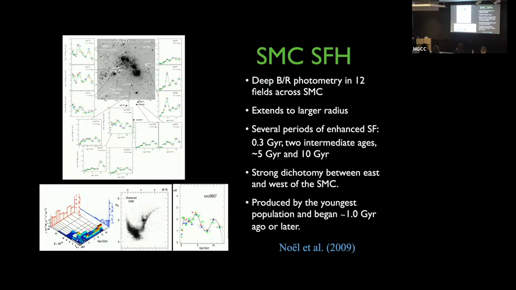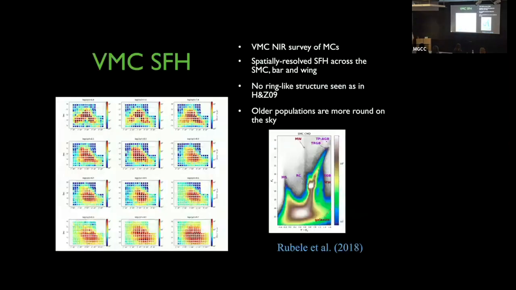They also found a pretty stark bimodality between the eastern and western SMC, mostly driven by the 1 gigayear age group.